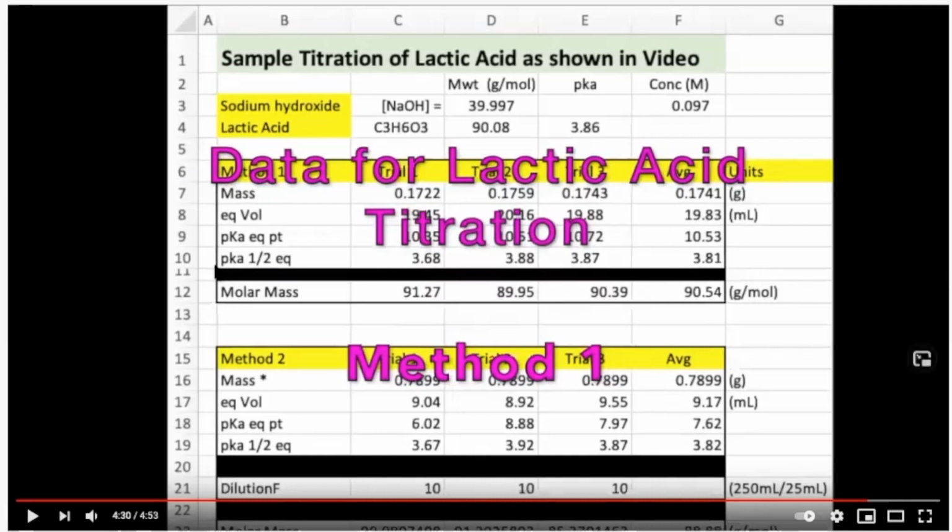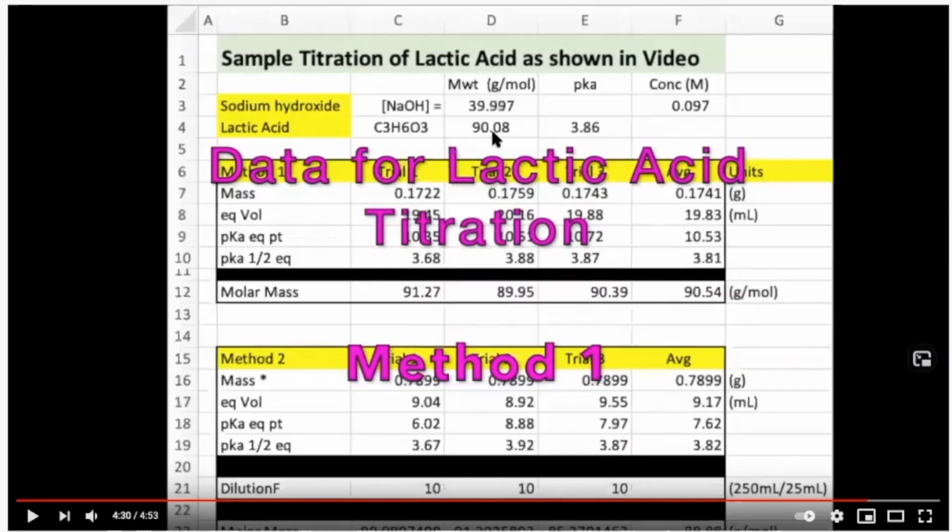So if we know what the equivalence volume is, and we know the concentration of the base, it's 0.097 right here, the concentration and the volume will give us the moles of the base, which is equal to the moles of the acid.